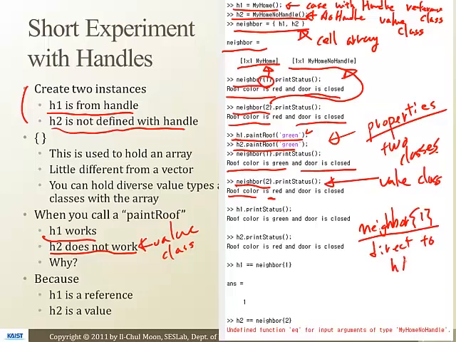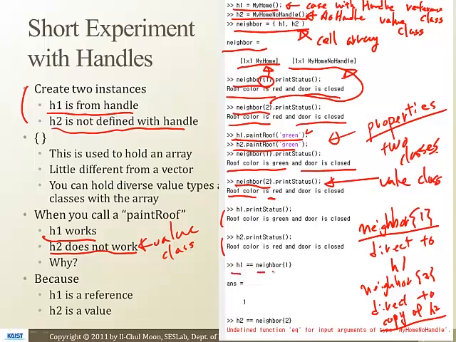And what happens to neighbor 2? Actually, it directs to a copy of H2. That's what is happening here. So H1 works and H2 doesn't work. Okay? So that's the problem. And if you look at this, it's much more interesting.